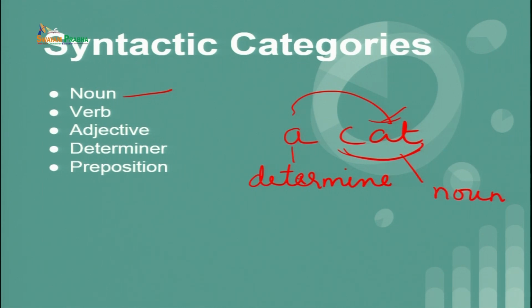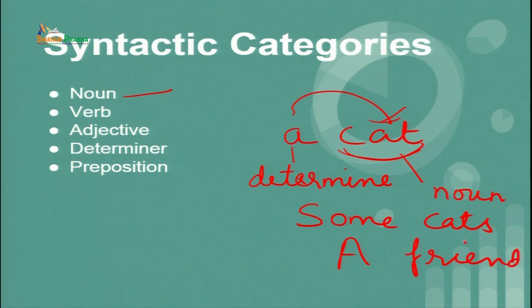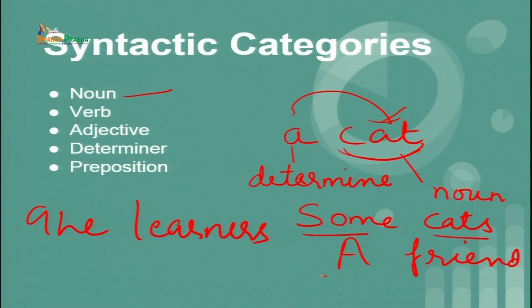In the same way, you can take other examples. You say some cats, you say a friend, you can say the learners. In all these examples, you find a very common relation. What is that relation?